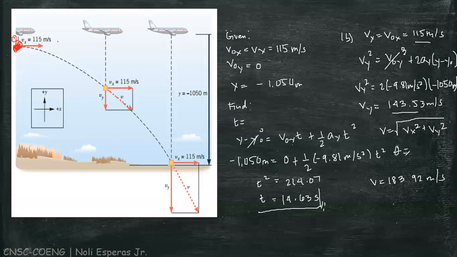And to solve for theta, use the trigonometric function arctangent of the ratio of Vy over Vx, which is equal to 51.30 degrees.